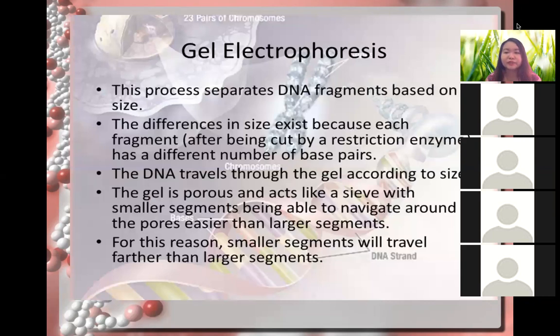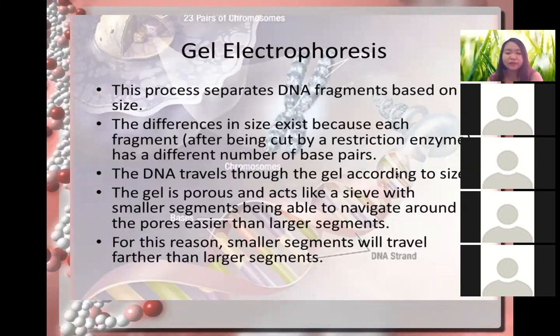So in electrophoresis as well, this separates DNA fragments based on size, so as I just have said. And the difference in size exists because each fragment, after being cut by the restriction enzymes, has different number of base pairs. So kaya pala yun sa kanilang phosphate groups.